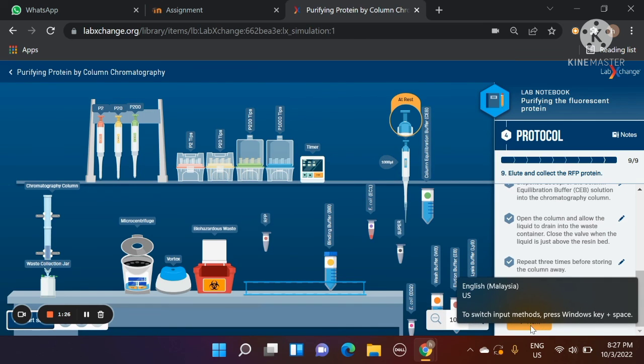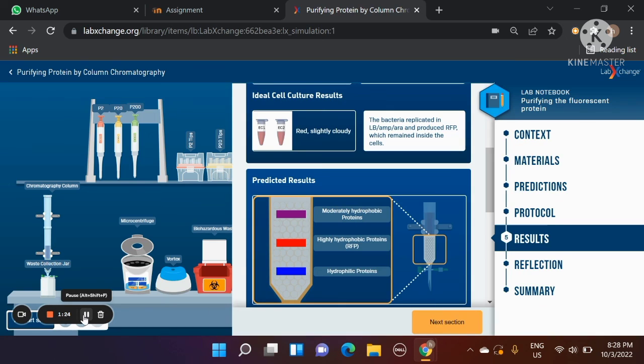Afterwards, after purifying protein by the column chromatography process, we get the results. For ECB1 and ECB2, the color is red and slightly cloudy. This is because the bacteria replicated in LB or AMP or ARA and produced RFP, which remained inside the cells.